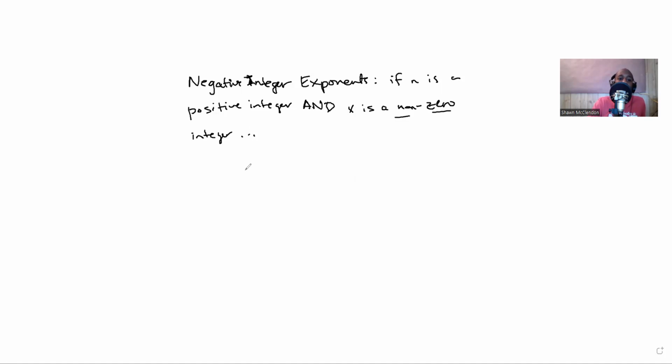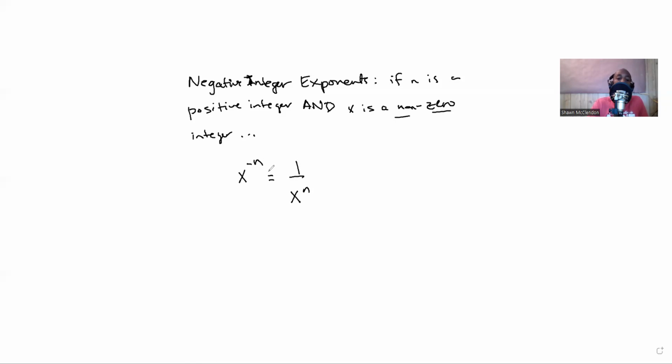So if you have x to the negative n power with n being a positive integer, this is going to be equal to this right here. Basically, as long as x is not 0, x raised to the negative n power, with n being positive, is the same thing as 1 over x to the positive n.